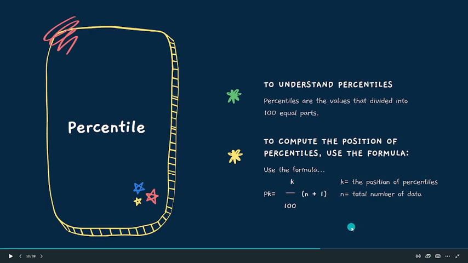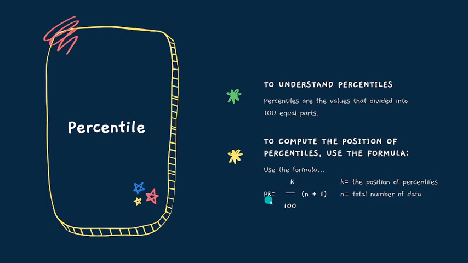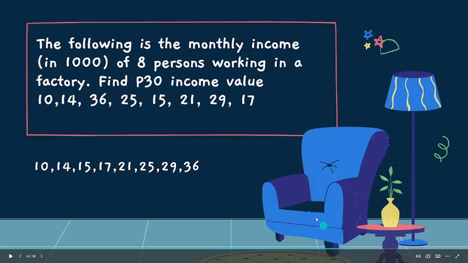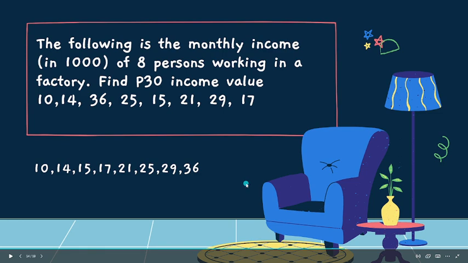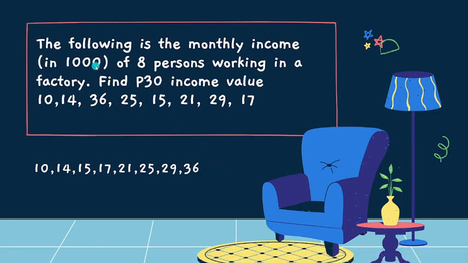For this, we use the formula Pk is equal to k over 100 times n plus 1, where k is the position of the percentile and n is again the total number of data.